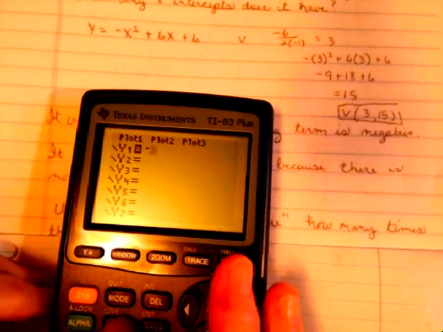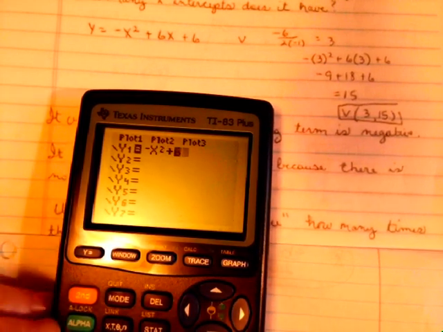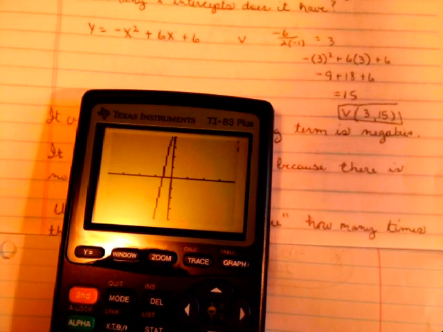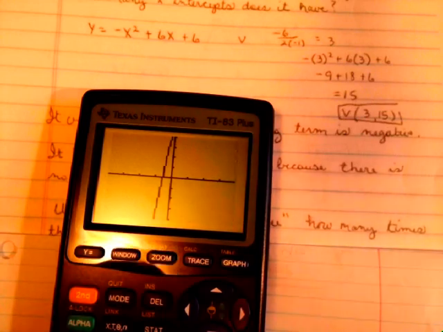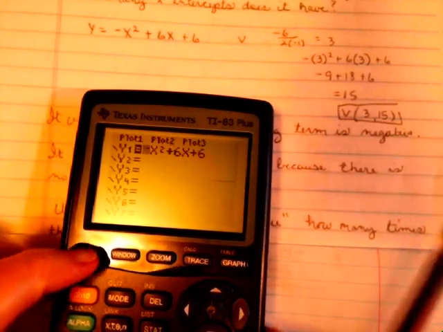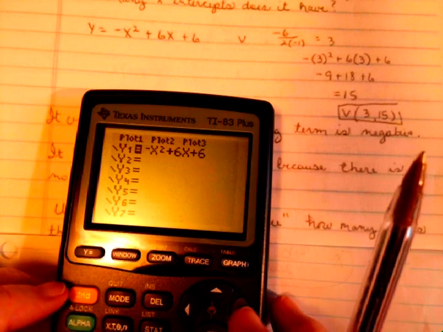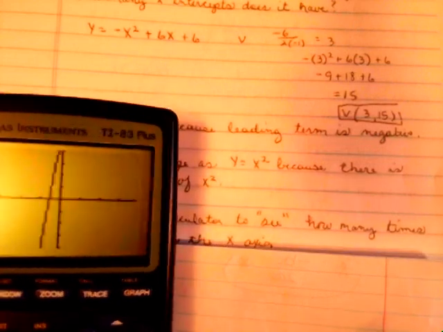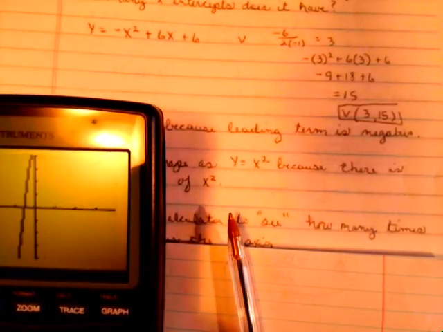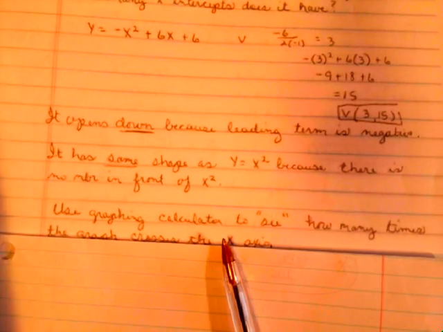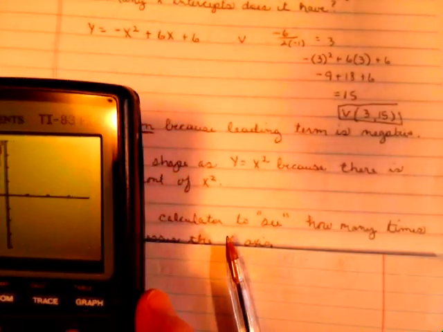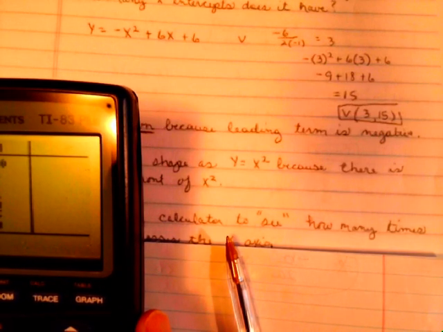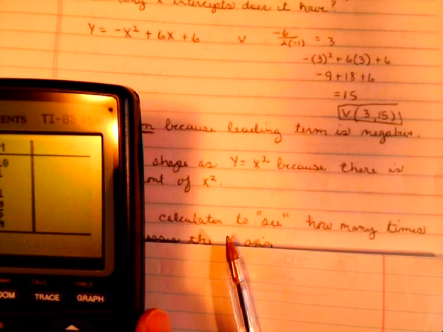Y equals negative x squared plus 6x plus 6, graph. It crosses the y-axis at 6.